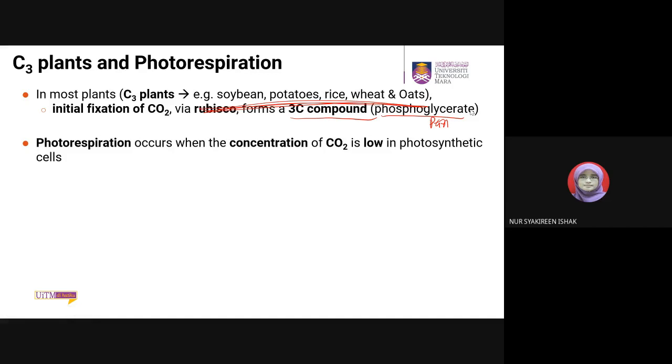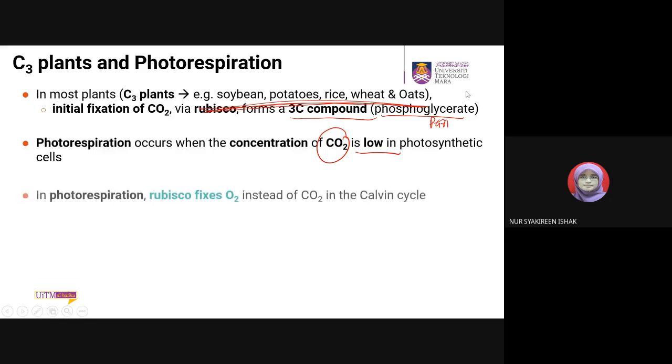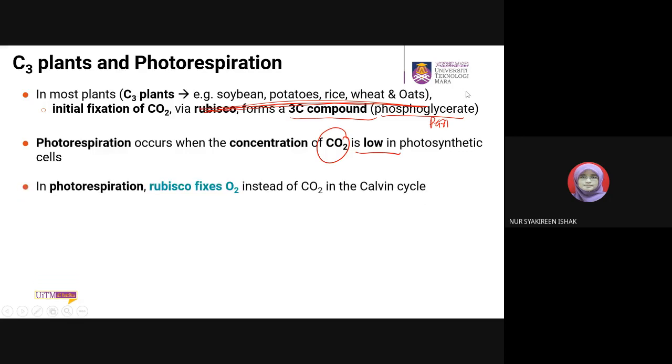Photorespiration occurs when the concentration of carbon dioxide is low in photosynthetic yield. Carbon dioxide cannot enter into the leaf because the stomata is now closed or partially closed. So in photorespiration, Rubisco fixes oxygen, meaning Rubisco incorporates oxygen instead of carbon dioxide during the Calvin cycle.